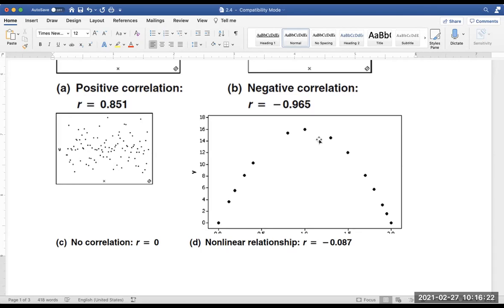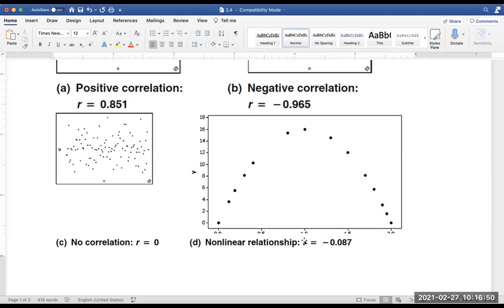Next. If I look here, well, this seems to be some sort of correlation. It seems to be a parabola. So we seem to have a quadratic relationship here. It looks like a parabola. It doesn't look like a line. So there is some correlation, but there's no linear correlation.